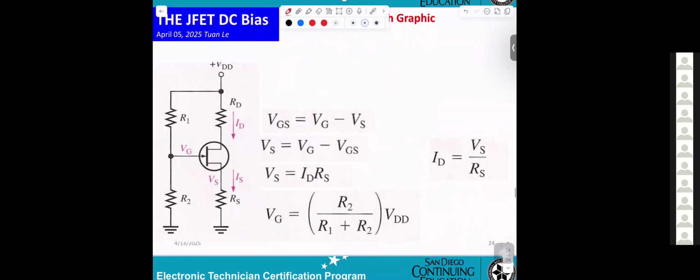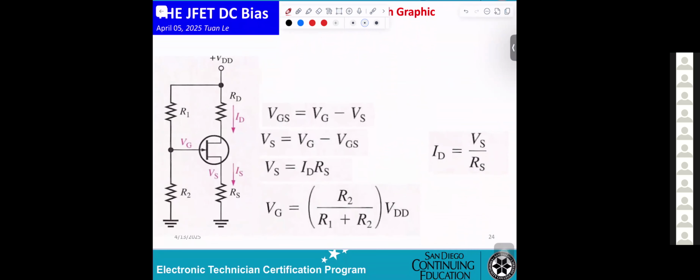Okay, there's more examples here. Okay, there's more formulas. I guarantee you must know these. Okay, like VGS is what? VG minus VS. Then you can calculate VS equal VG minus VGS, or VS equal ID times RS, ID equal VS over RS, and VG equal the voltage divider law.